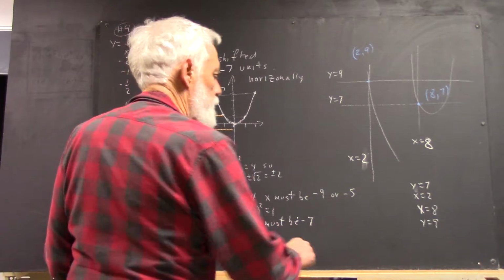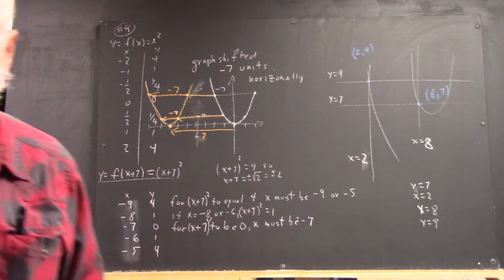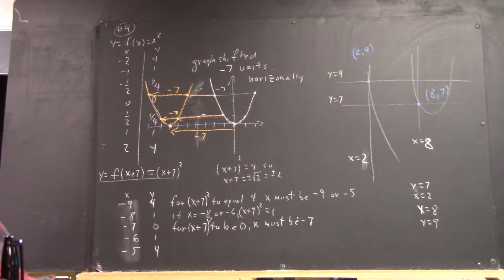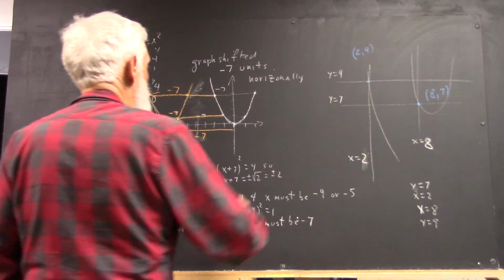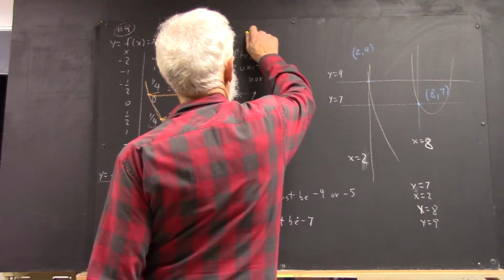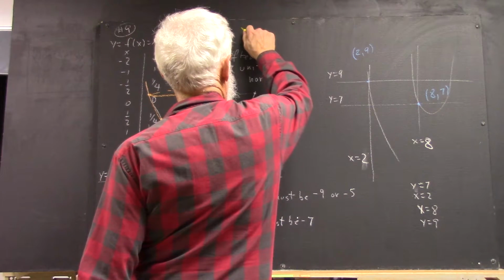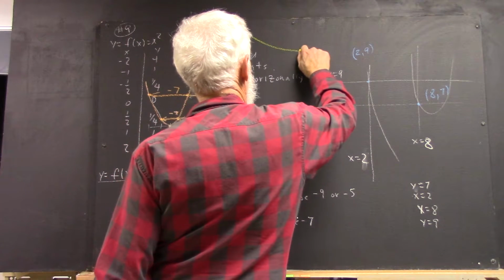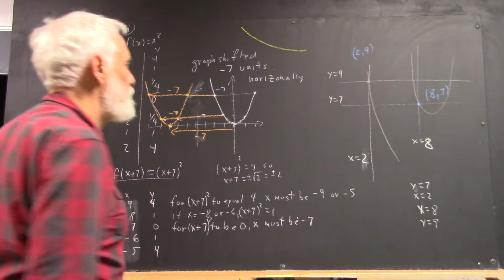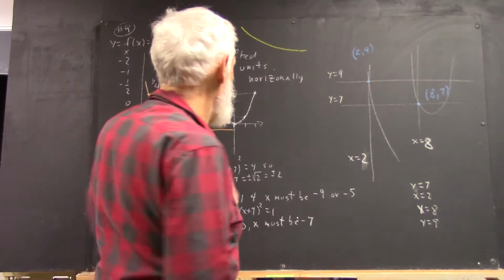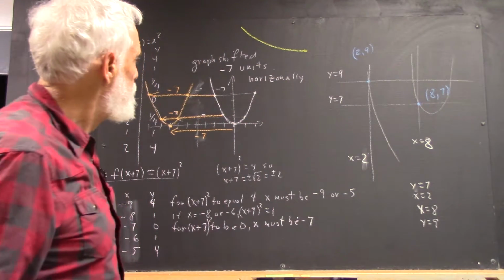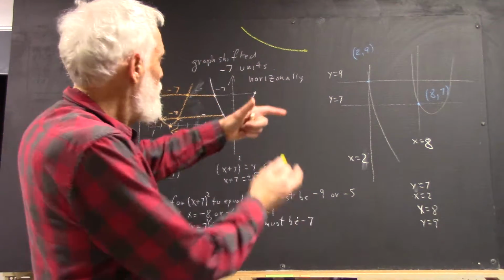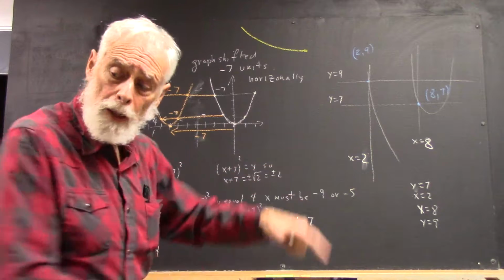Our graph of the water depth versus time typically might be out here someplace, with a vertex way over here, and be a more flattened parabola.